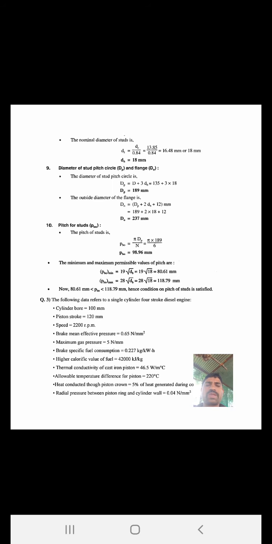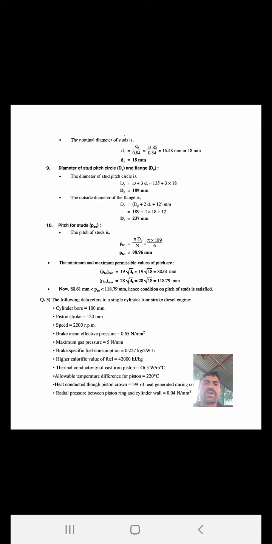Then with the help of those values, the pitch of the stud will be satisfied. pbo minimum is equal to 19 root of db, you will get 80.61, and pbo maximum 28 root of db, you will get 118.79 mm.